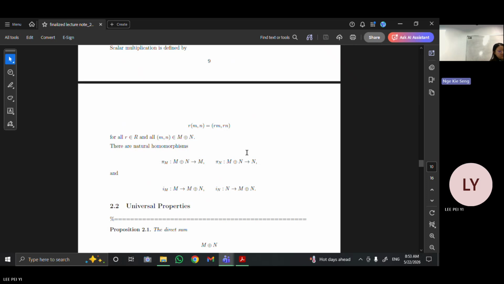The direct sum allows us to build a larger module from smaller ones, and this construction behaves similarly to the Cartesian product.